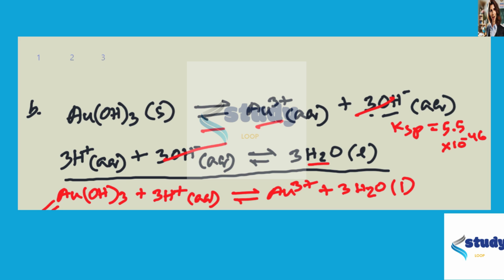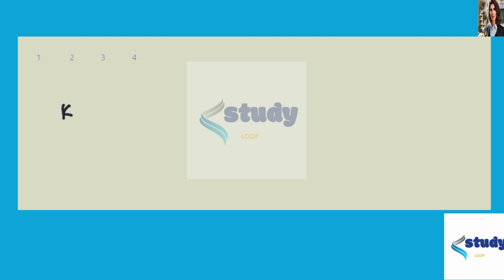And the constant for the second reaction is basically the reverse of the solubility product of water, which is Kw.